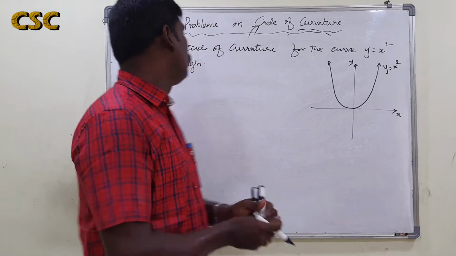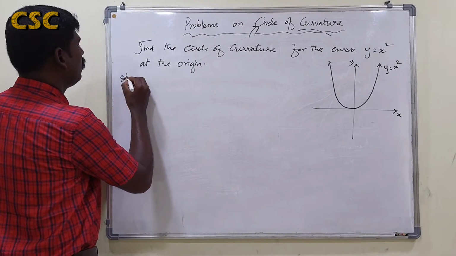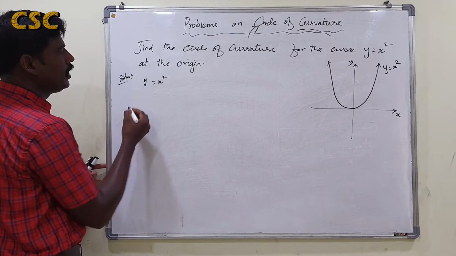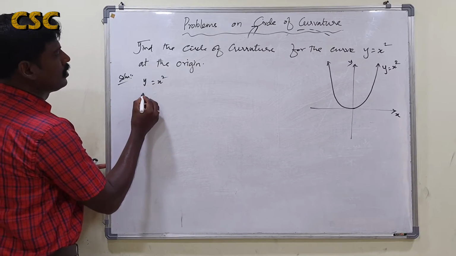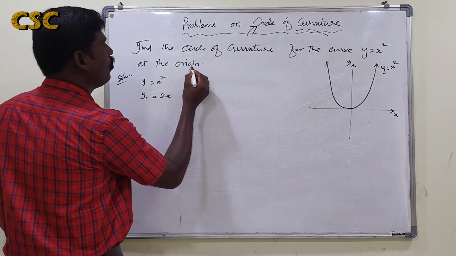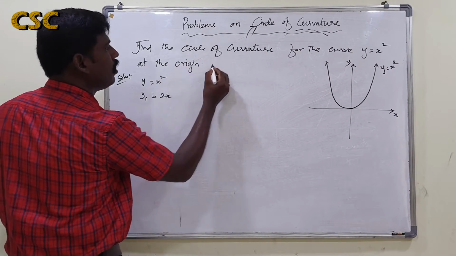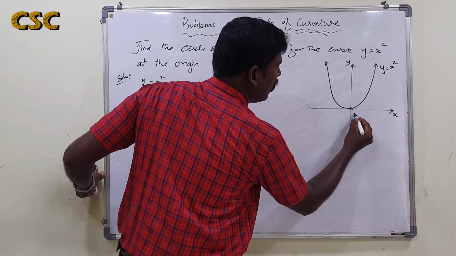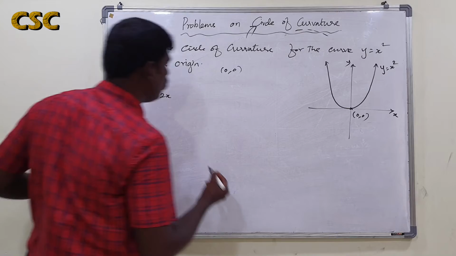So what is the given curve? y equal to x square. Differentiate, taking derivative with respect to x. y becomes y1, it will be 2x. We are going to find the curvature at the origin, 0, 0.